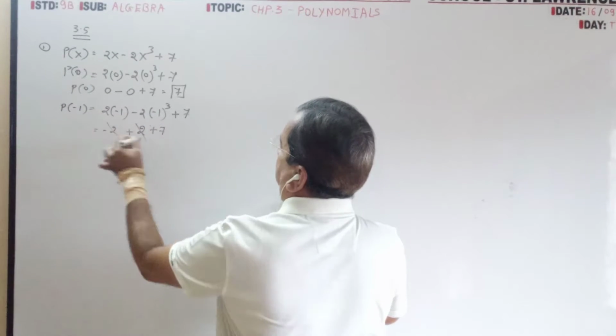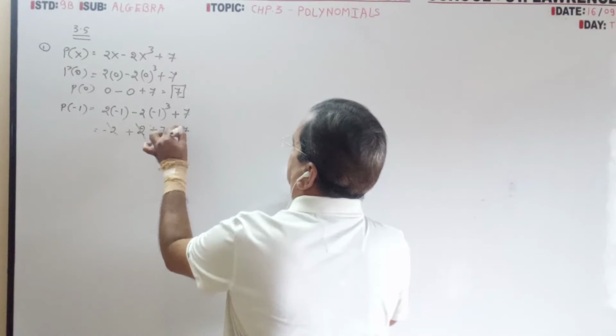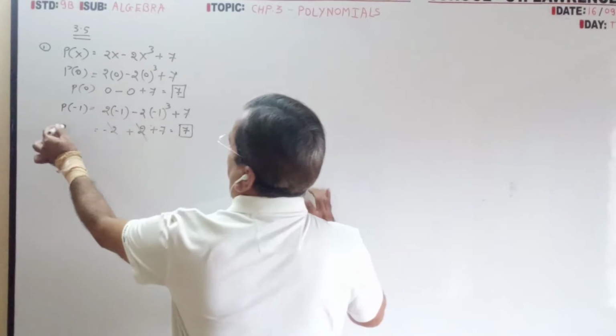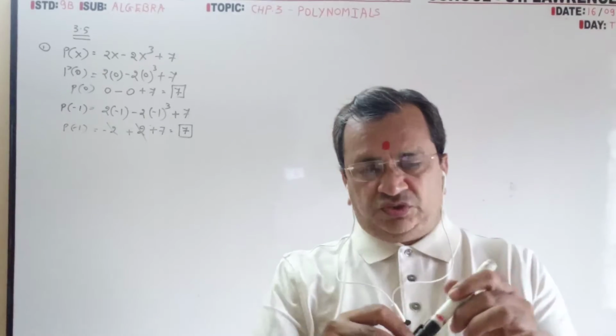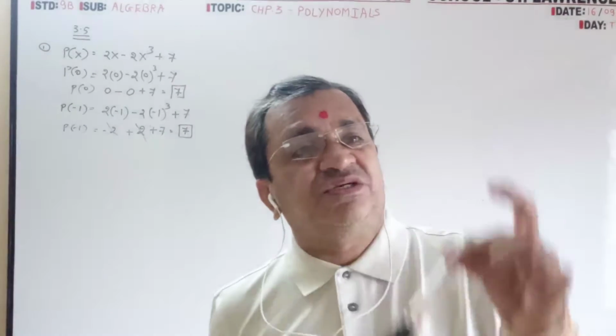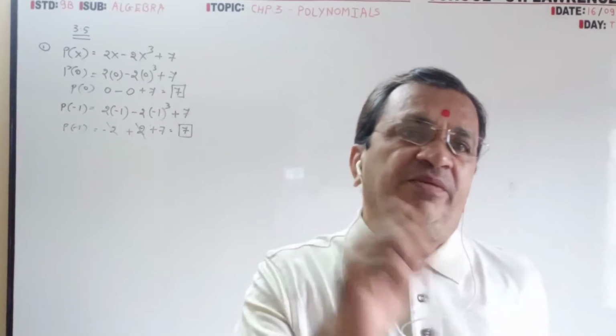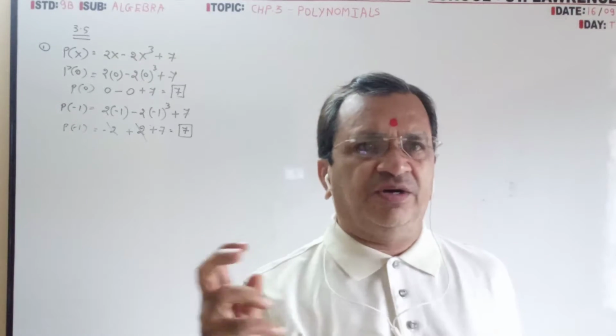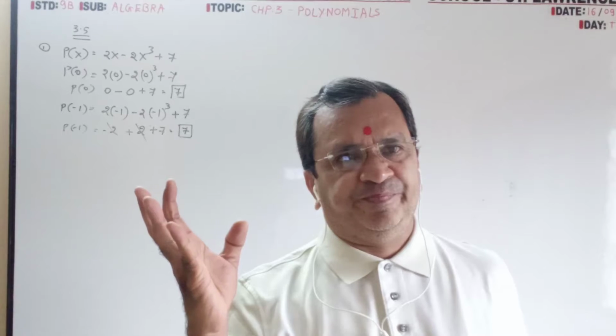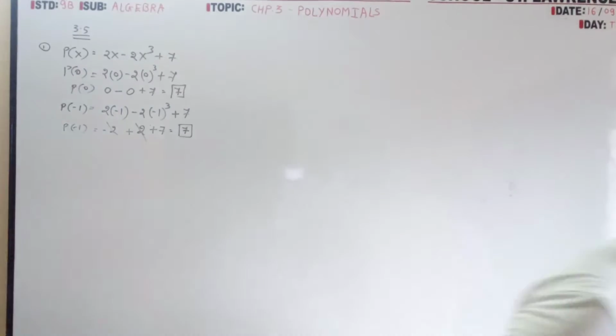This and this cancel. P of minus 1 is 7. So when x is equal to 0, the value of the polynomial is 7. When x is equal to minus 1, the polynomial value is again 7.